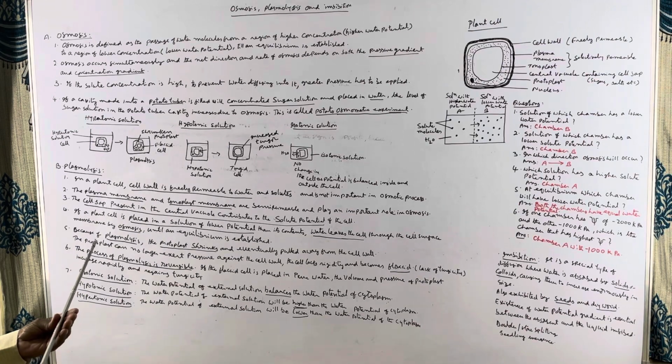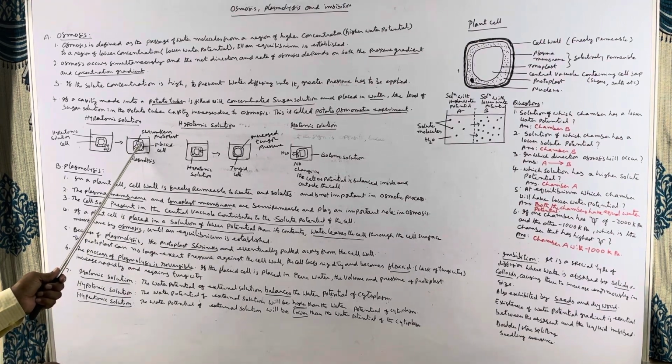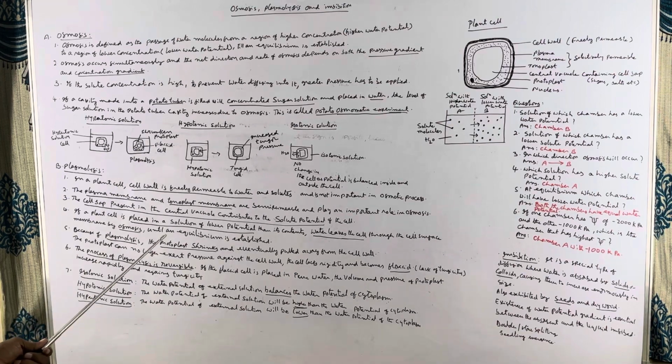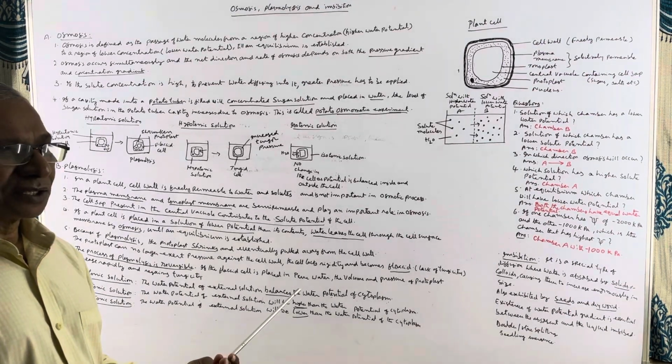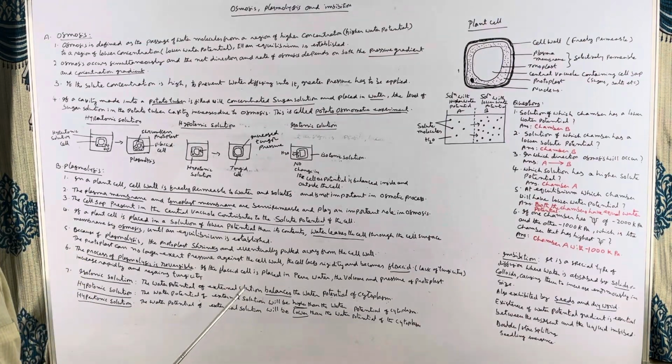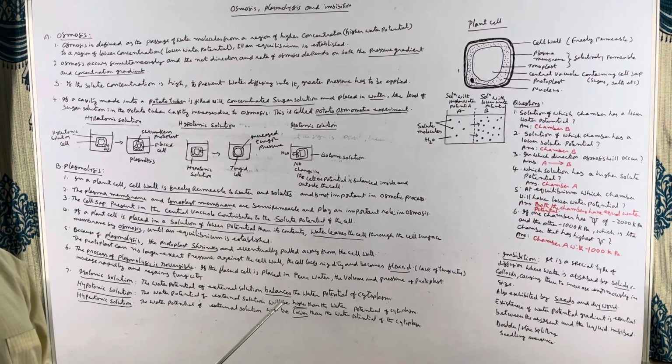That means the protoplast lacks any turgidity. It cannot exert any turgid pressure on the cell membrane and the protoplast shrinks in size. This process is called plasmolysis. Loss of water from the protoplast into the surrounding fluid is known as plasmolysis.